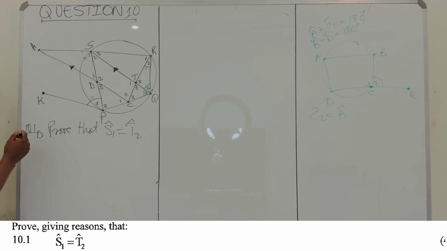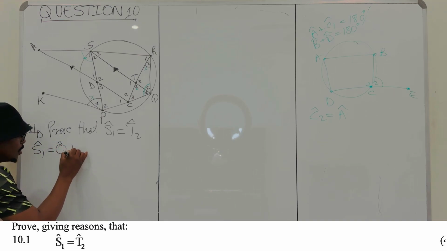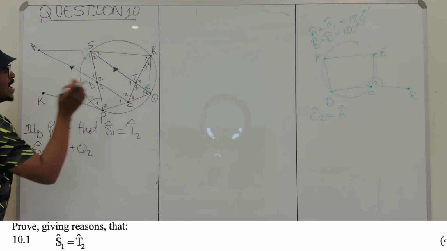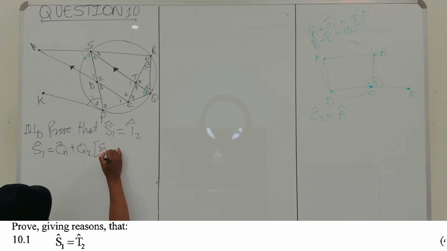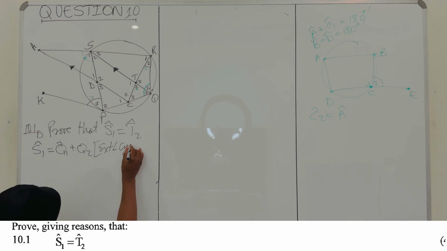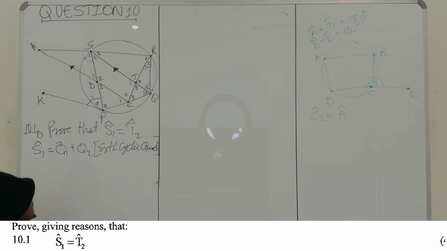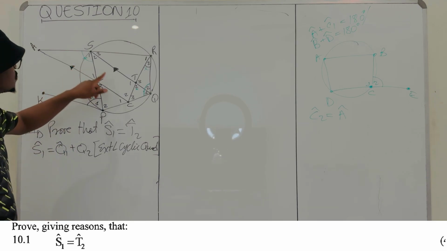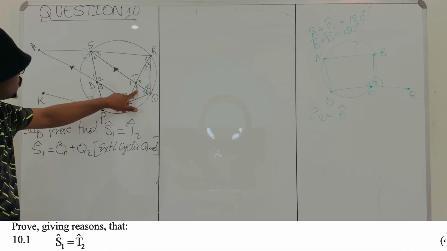So angle S1 equals angle Q1 plus angle Q2, that entire angle over there. Why? We'll say this is the exterior angle of your cyclic quadrilateral. Right? That's the first one. So we said this is equal to that. Fine. But we want to prove that T2 is equal to that.